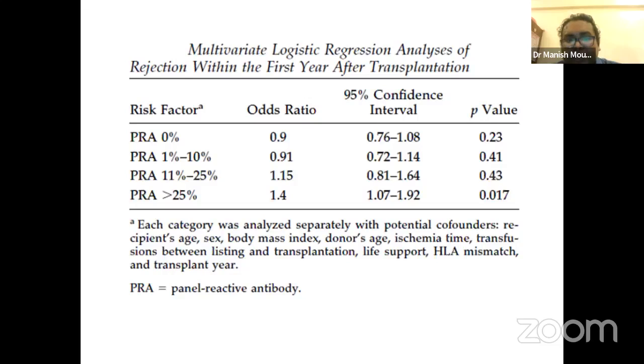So for a cadaver transplant, this kind of data can tell us how conscious we should be about post-transplant monitoring. Side by side, we must not lose the potential donor. We have to keep these two things in mind when looking at the PRA percentage in the report.